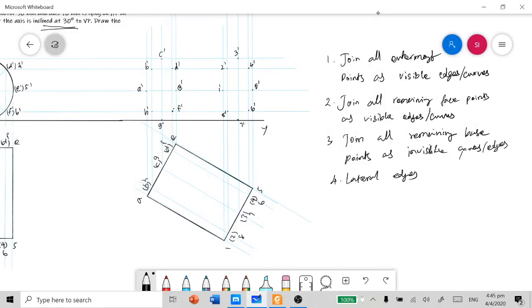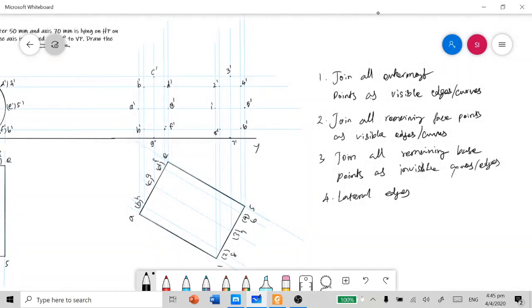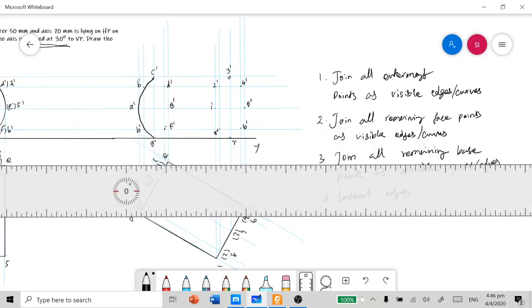And here, by following the first rule, we have to connect all the outermost points as visible curves or edges. So joining the outermost points as visible curves, the portion G dash up to C dash is a curve portion, so I need to connect it with a smooth curve, and the portion C dash to 3 dash is the generator, so you have to connect it with a straight line.